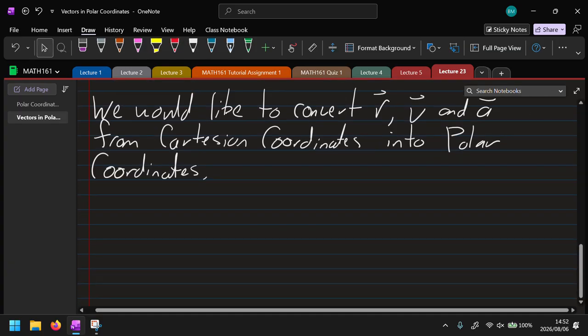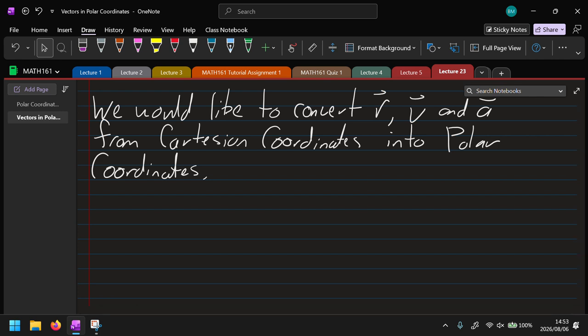Once you know how to do it for these three, you can convert any vector from Cartesian to polar, depending on whatever physics problem you're trying to solve. So let's start off with the position vector. We're going to write it in Cartesian form. We're going to use the transformation laws that we looked at last time and convert it into polar form.